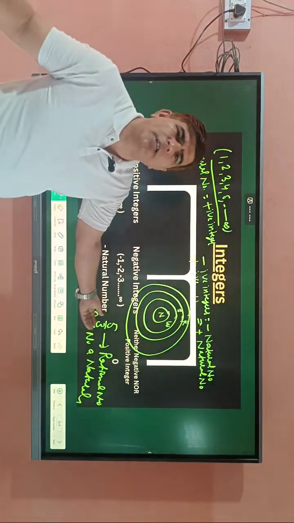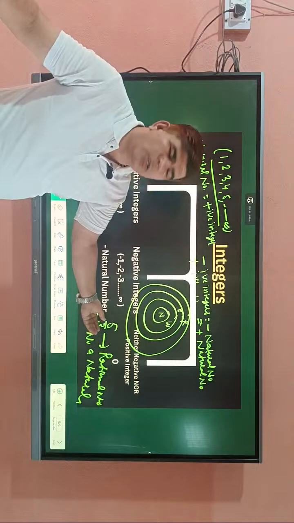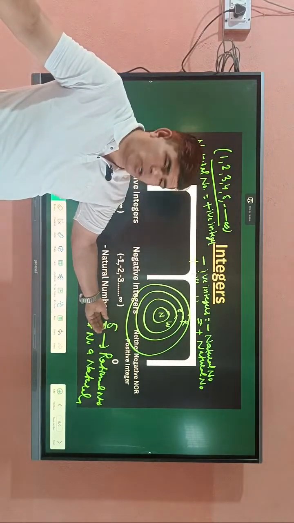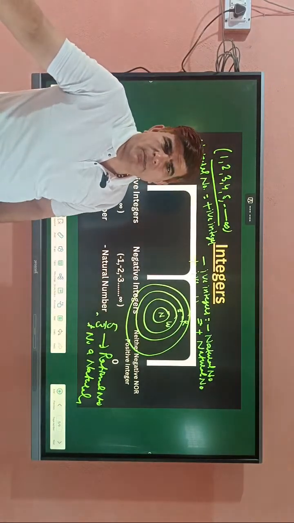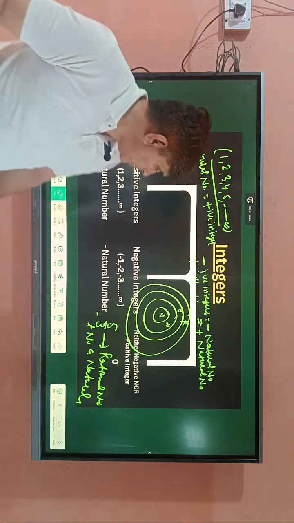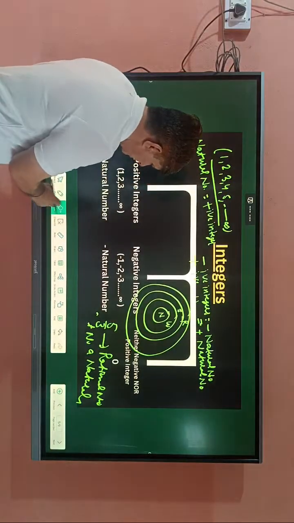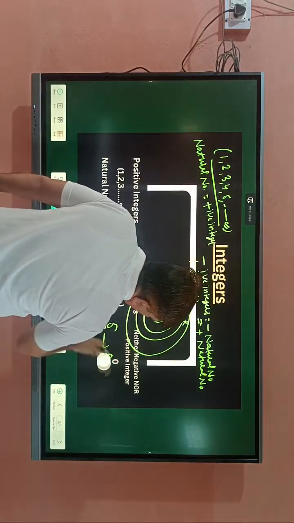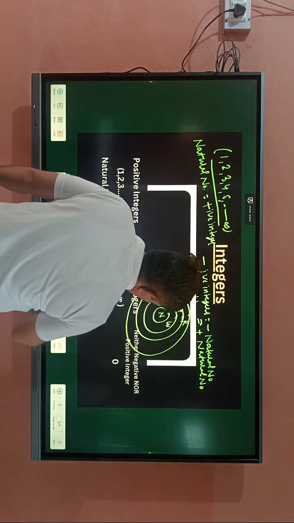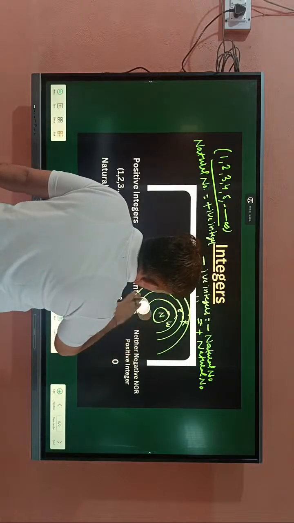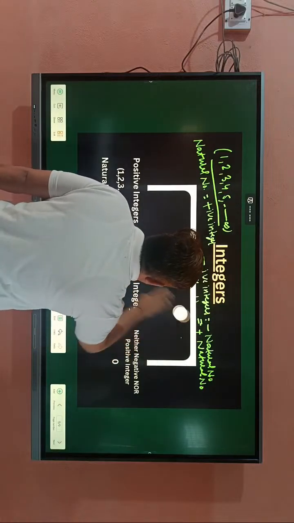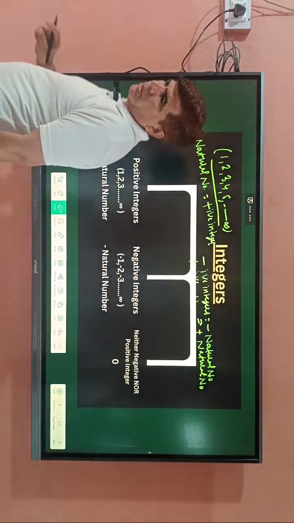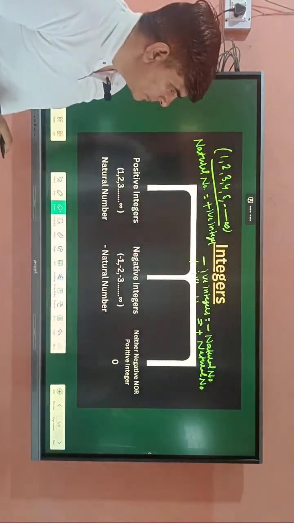It is not complete. So it's not a whole number, not an integer. So that's why I'm saying the converse is not true. Converse meaning all rational numbers are natural numbers, whole numbers, integers. So I think you understood now the relationship between them.